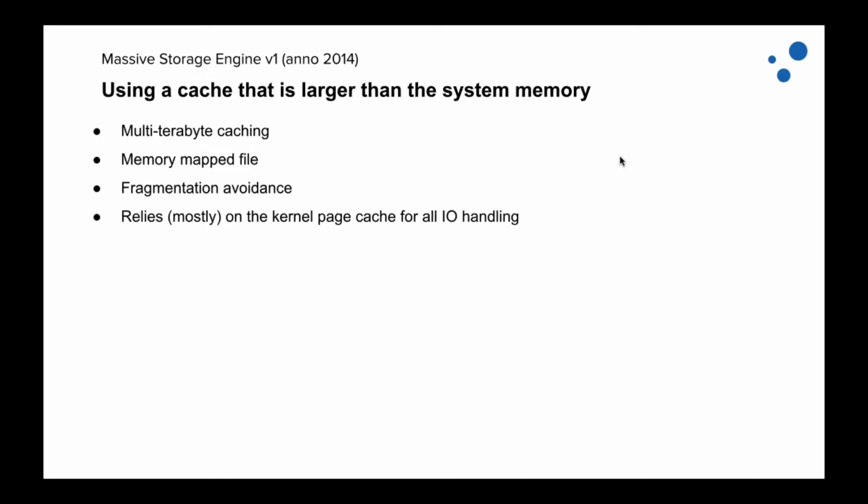So over time objects are being removed and new objects added into the same address space, and this has a high tendency to fragment, meaning your performance lowers over time. So fragmentation avoidance was a large part of this. But when it came to the I/O handling and all the bits regarding the handling of the disk, that was pushed out to the kernel.